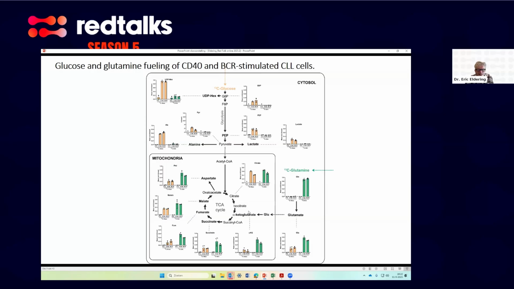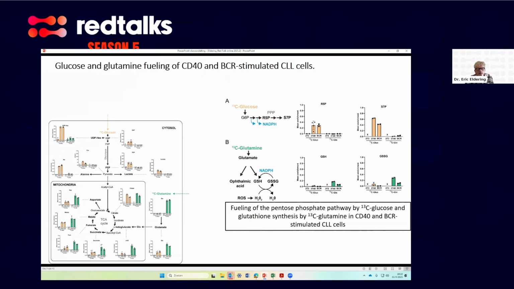And you can see that the TCA cycle, so the mitochondrial energy household of the cell, is mainly fueled by glutamine, because you have to realize that in the circumstances where we measure glutamine radiocarbon, there is also glucose present, but it's mostly glutamine that gets incorporated, as opposed to up here in the glycolysis, where of course the carbons come from glucose.